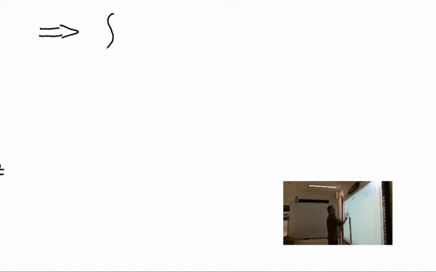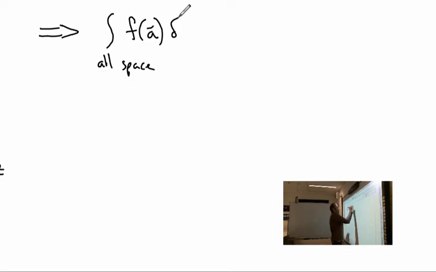So here we have the integral over all space, some function f times our delta function, which will be given by r minus a, d tau, so it's over all space.